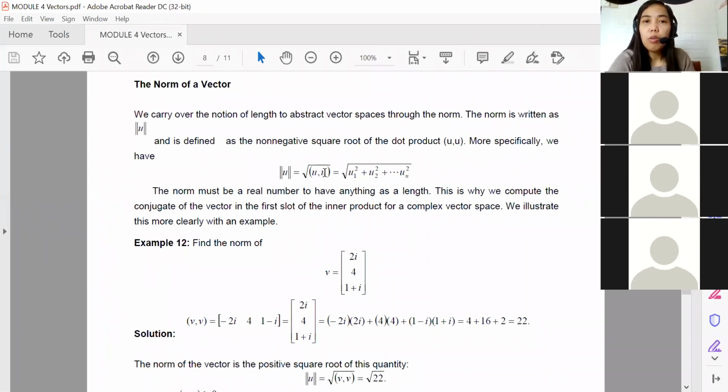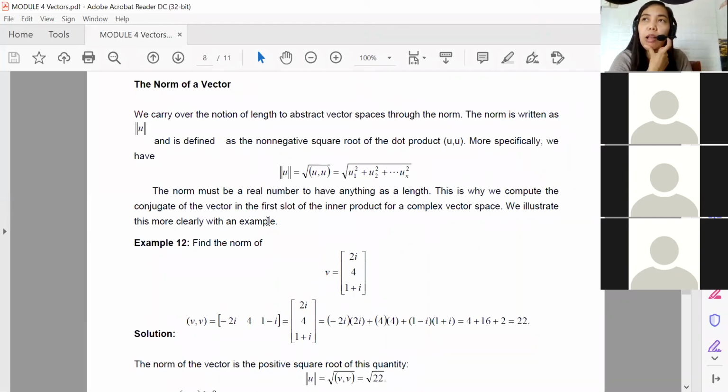Okay? So how are we going to get the UU? The norm must be a real number to have anything as a length. Okay? Because we're talking about length, it's always positive. This is why we compute the conjugate of the vector in the first slot of the inner product for a complex vector space. So we illustrate this more clearly with an example.